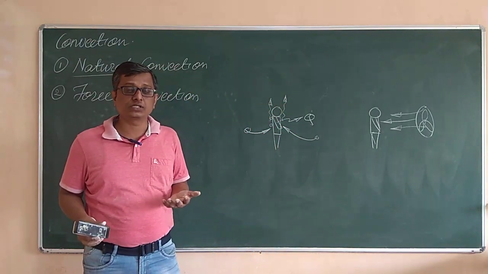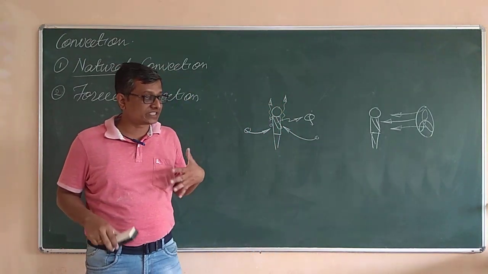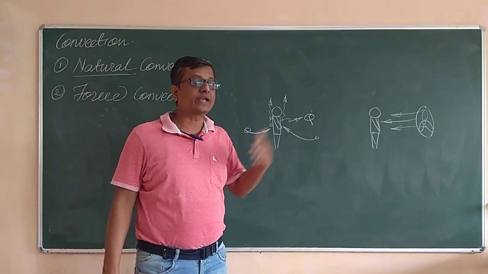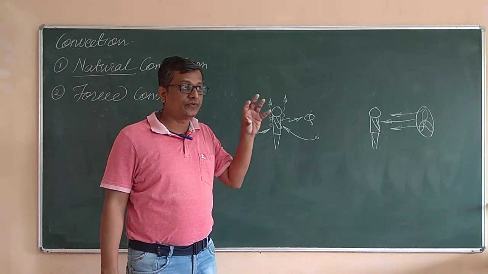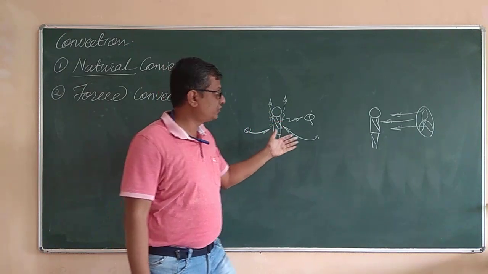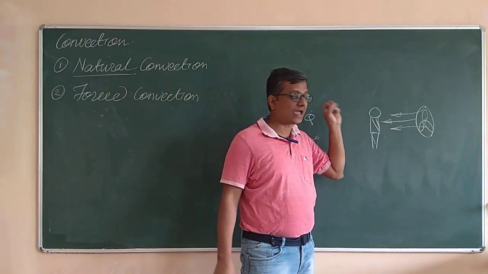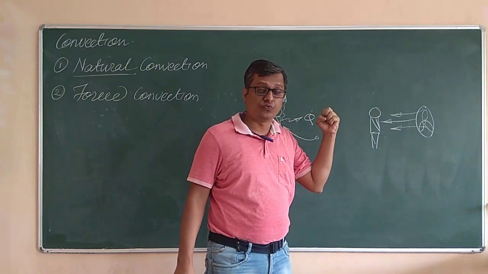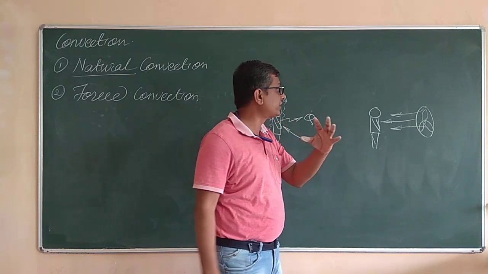Why is it so? When his body wants to transfer heat to the surrounding but not at the expected rate, we can keep him in front of a fan so that the fan blows air over his body, and that too forcefully.